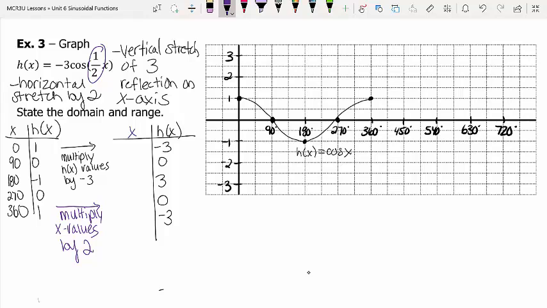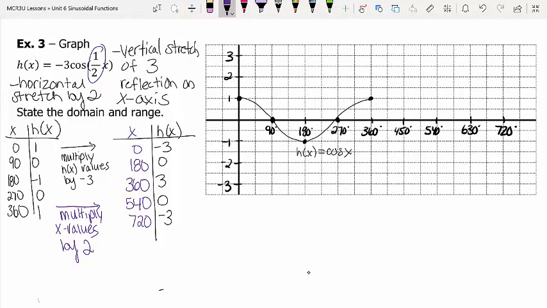Okay, so let's do that. So 0 times 2 is 0. 90 times 2 is 180. 180 times 2 is 360. 270 times 2 is 540. And 360 times 2 is 720. Okay, now that second table of values is the points of our transformed graph.